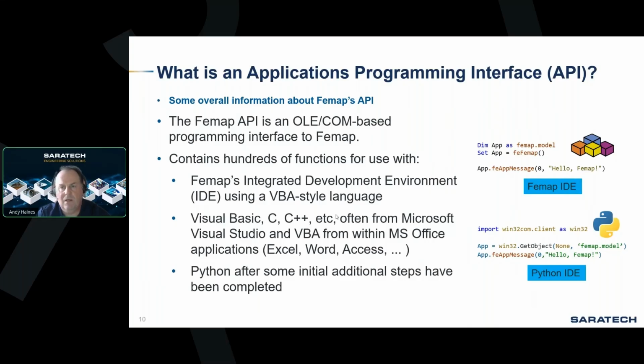A lot of people are using something like Microsoft Visual Studio, or they're using Visual Basic for Applications from within an MS Office application like Excel, Word, or Access. And just because we know a lot of newer engineers are really familiar with Python, you can absolutely use the Femap API with Python. You just have to do some initial steps in the beginning, such as create the type library in a very particular manner.